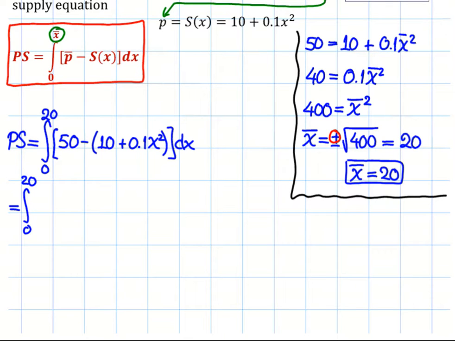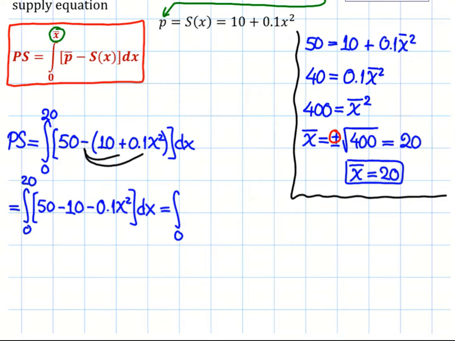Distribute the negative and remove the parentheses. We will have 50 minus 10 minus 0.1 x squared dx. Combine like terms, 50 minus 10 is 40, minus 0.1 x squared.